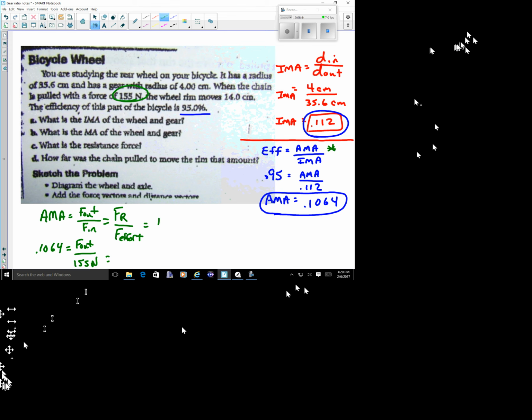So your force out ends up equaling a total of 16.49 newtons, I hope, if I did that right. So 16.49 newtons. Lastly, but not leastly, it asks for how far the chain was pulled to move the rim that amount.